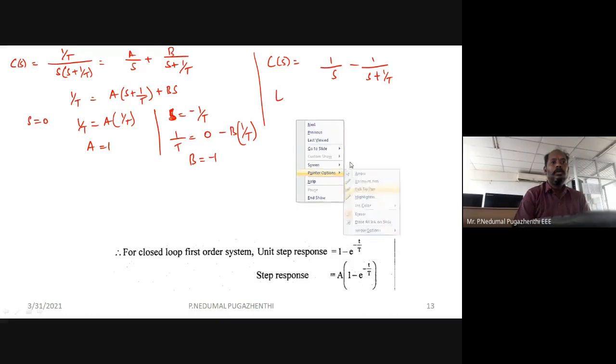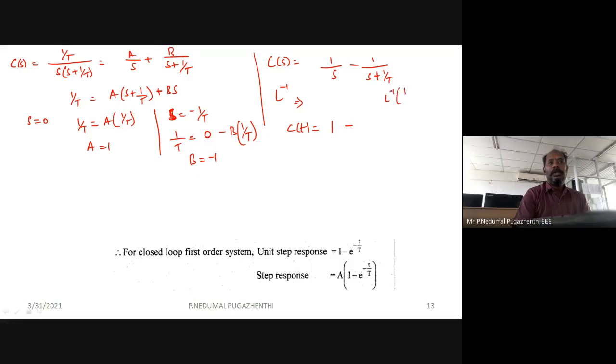C of t is equal to 1 minus the Laplace inverse of 1 by S plus a, which can be written as e power minus at. Instead of a, you have 1 by t, so you can write e power minus 1 by t into t, or I can write it like 1 minus e power minus t by t.